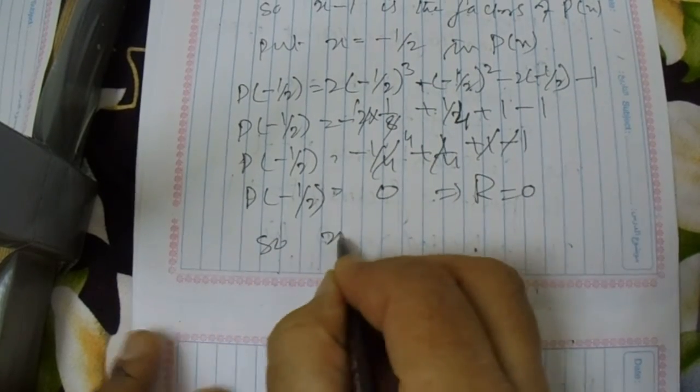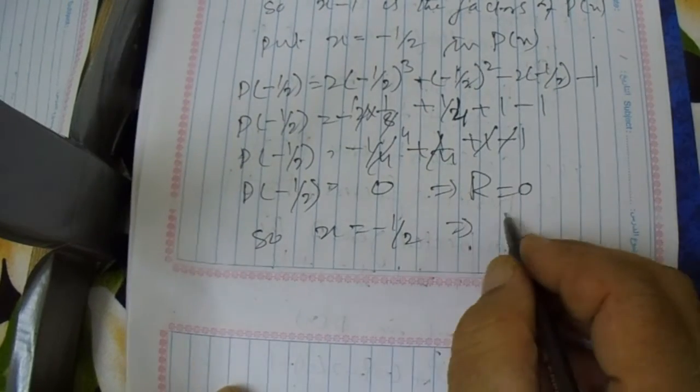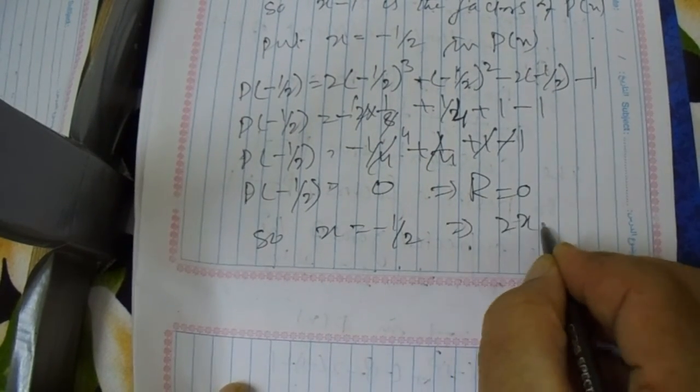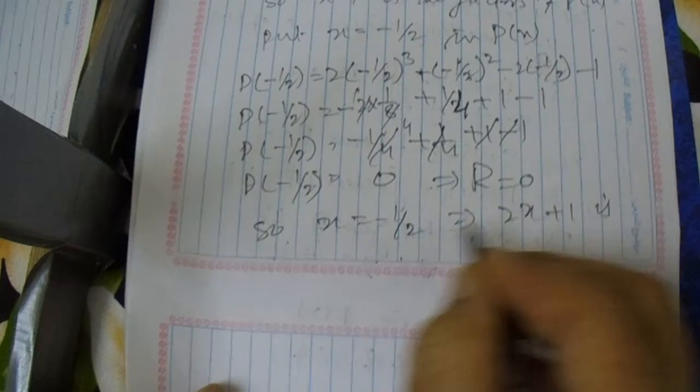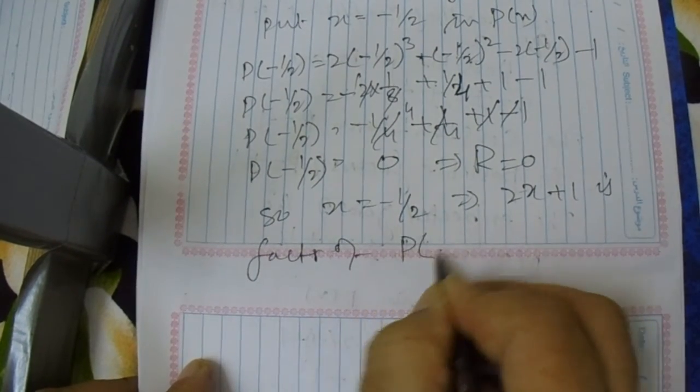So x = −1/2, and it means 2x + 1 is a factor of P(x).